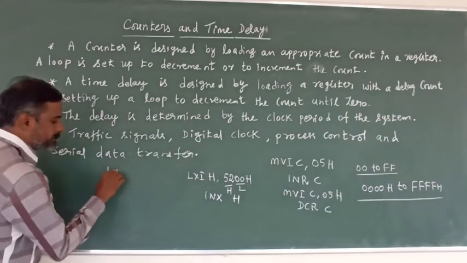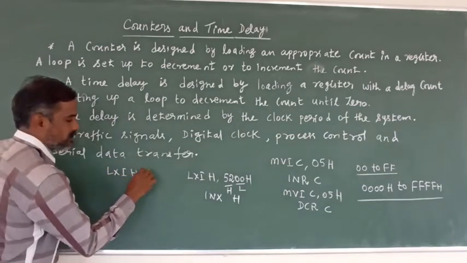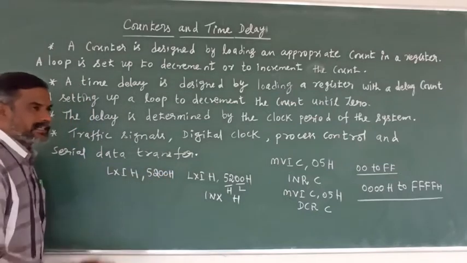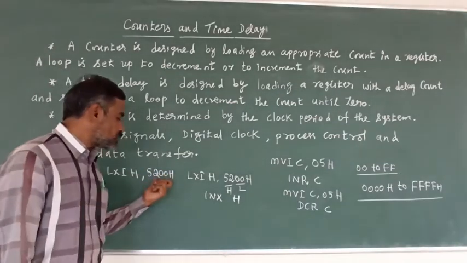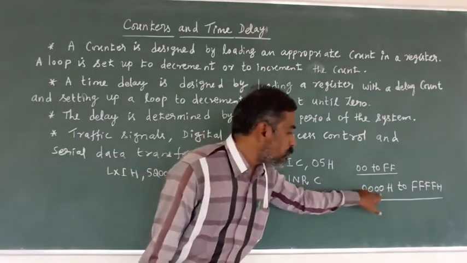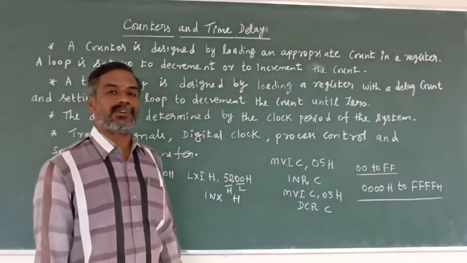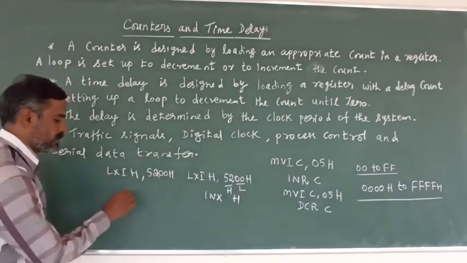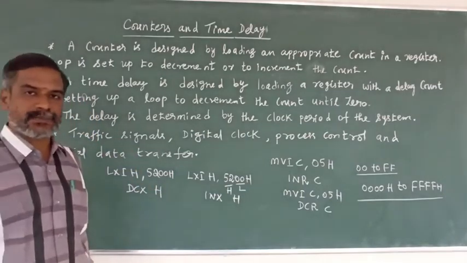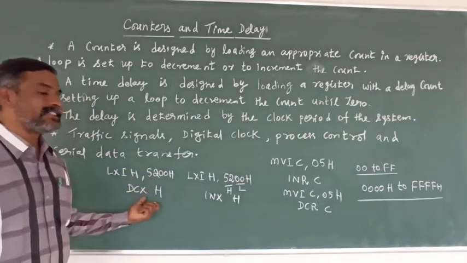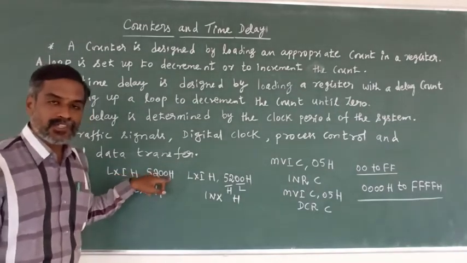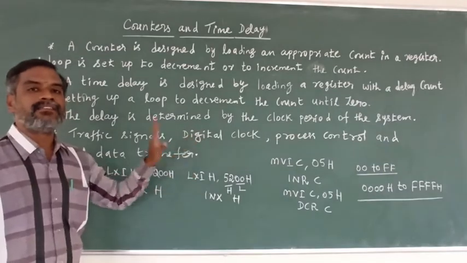Suppose LXI H, 5200. Now to load 5200 in the HL register pair. Now to decrement the register pair content up to 0000H, at that time we can use DCX H. DCX H means decrement the register pair content from 5200 to the required value.